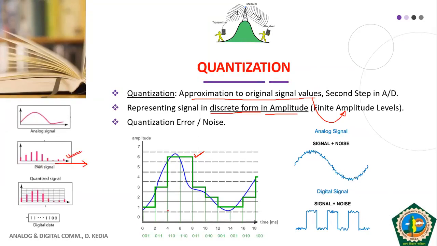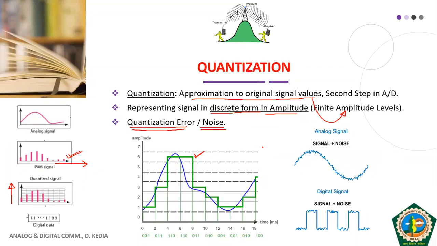Similarly, since I am taking a finite number of samples in amplitude also, I am introducing distortion in my original signal. That distortion due to quantization is called quantization error or quantization noise. Though on one hand, I tell you that when we convert analog to digital, we are able to control noise.